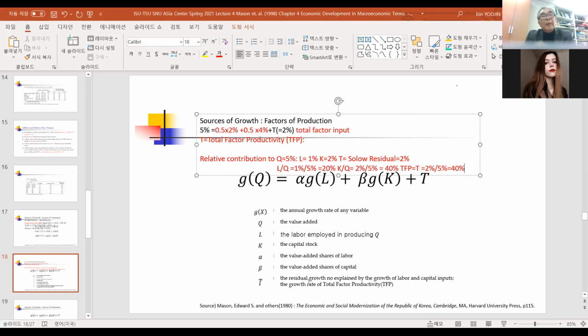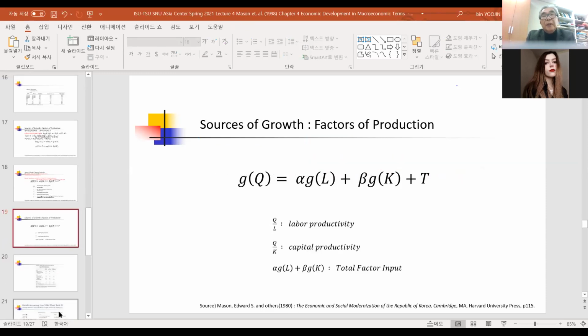So we will use this technique to analyze the South Korean economy. Okay? And in this equation, if you have this kind of partial relationship, in other words, Q divided by L is labor productivity per person. Per capital unit output level, we call capital productivity.